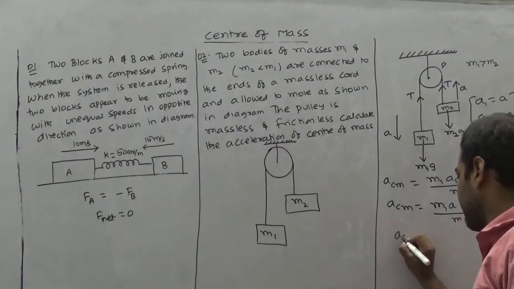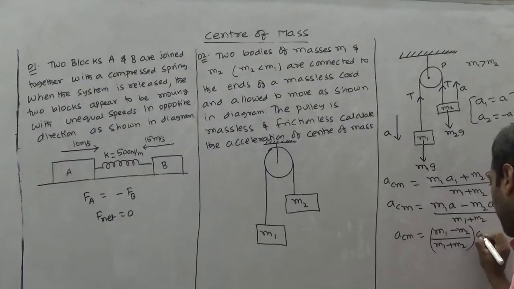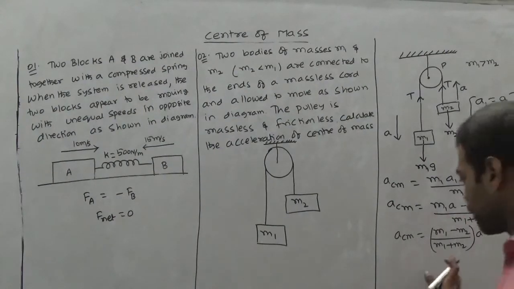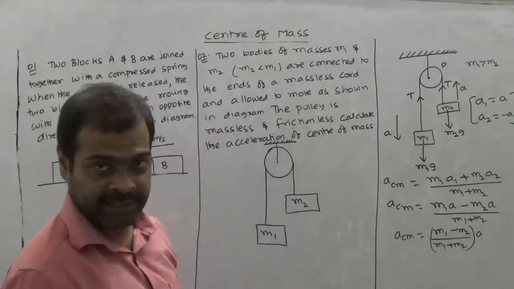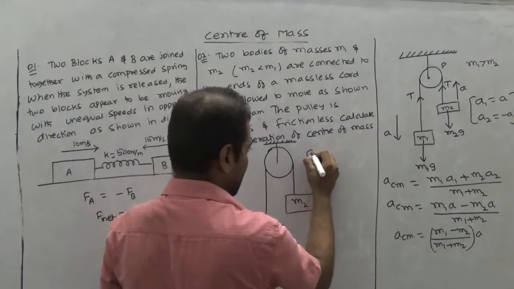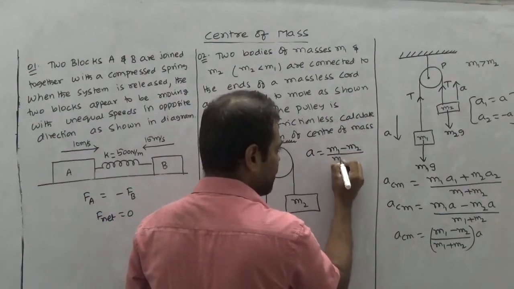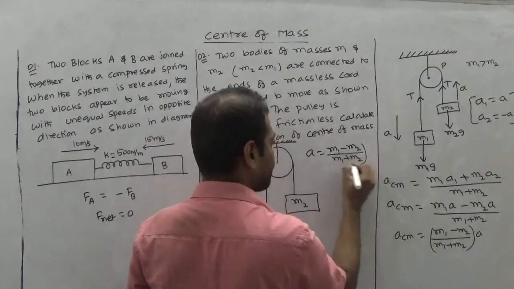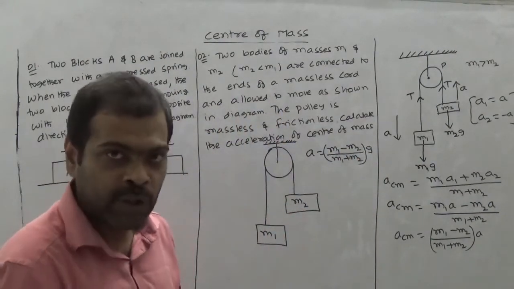So the acceleration of center of mass I can write as (m1 minus m2) by (m1 plus m2) into the acceleration of the particle. In the previous chapters we know that the acceleration of the particle is (m1 minus m2) by (m1 plus m2) into g.